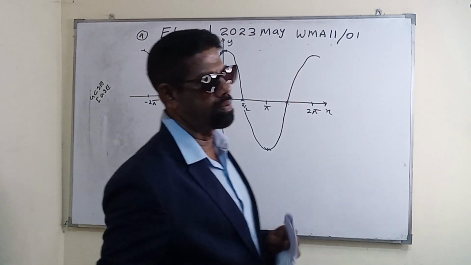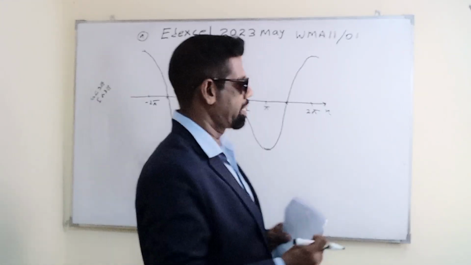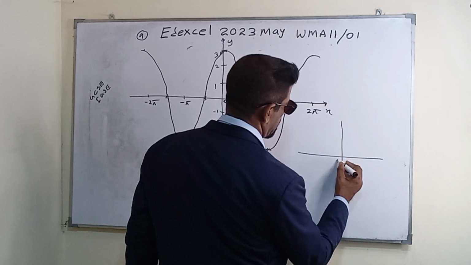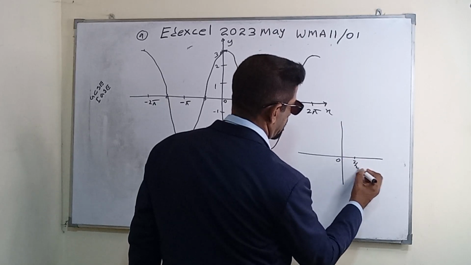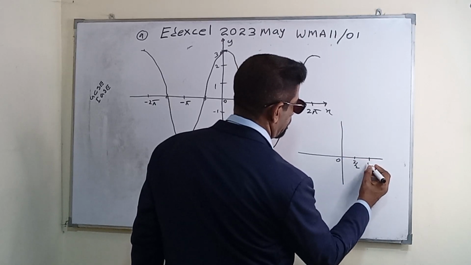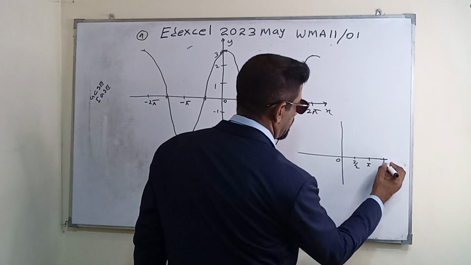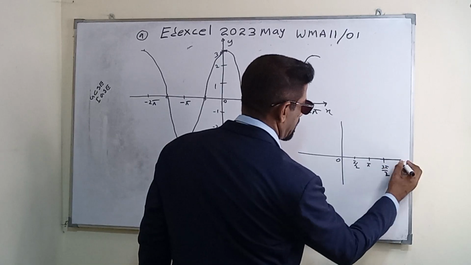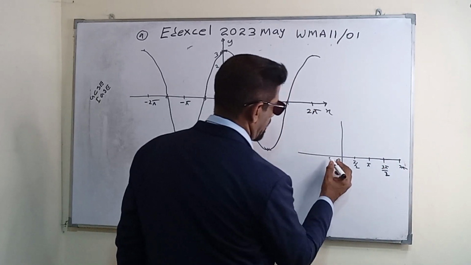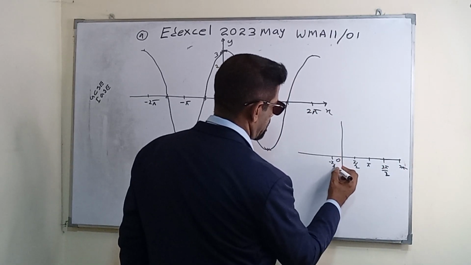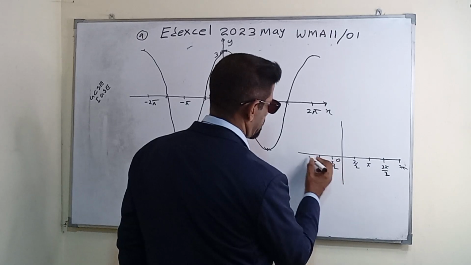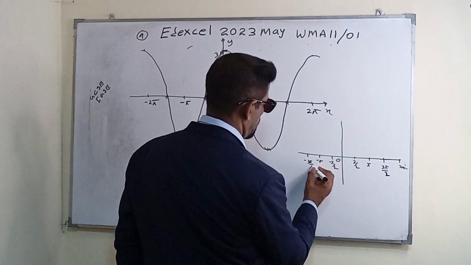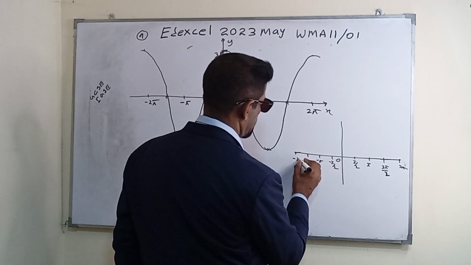We first need to understand what type of graph it is, a cos graph or a sine graph. I will explain with one graph: this is 0, this is 5 over 2, this is 5, this is 3 5 over 2, that is 2 5, and that is minus 5 over 2 and minus 5, minus 3 5 over 2, and minus 2 5.